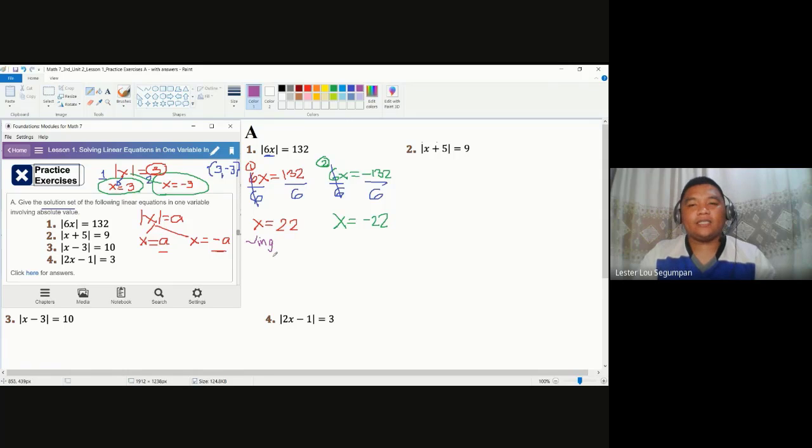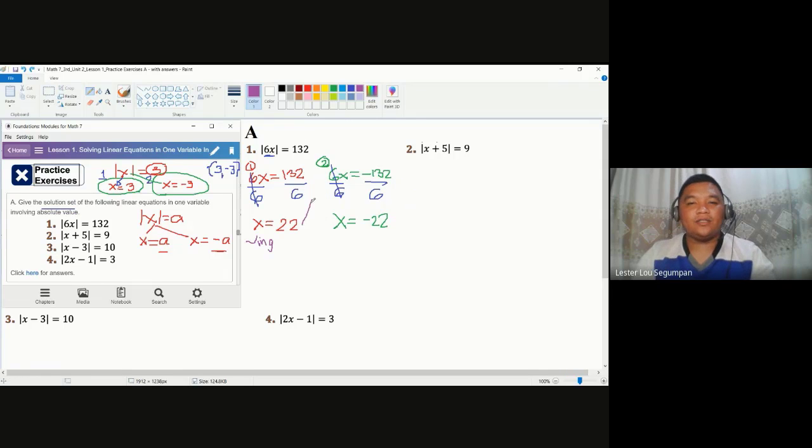Checking is by substituting our resulting value in the given equation. Again, I need to repeat, in the given equation, do not just substitute these values in the cases. Do not do that because they might result in the same value, but they may not represent the given expression.